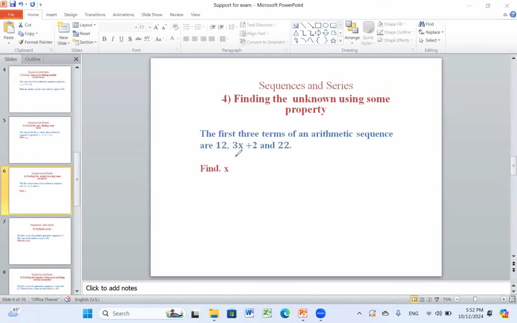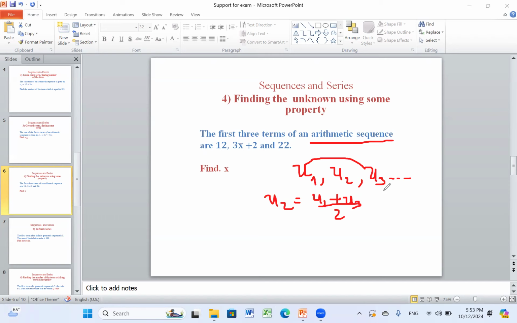If you talk about arithmetic sequence, I recommend not to forget that if we have U1, U2, U3, and so on, and it is an arithmetic sequence, we know the property which makes this sequence arithmetic. That is, U2, the middle one, is equal to U1 plus U3 divided by 2. It's the average of two neighboring terms. So we can apply this property for solving such questions.